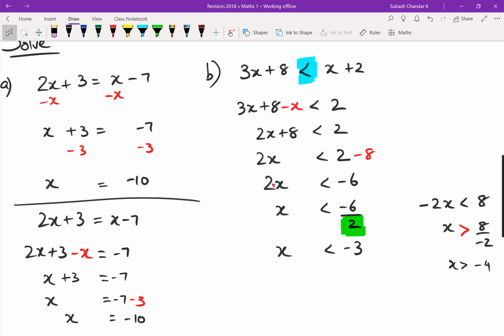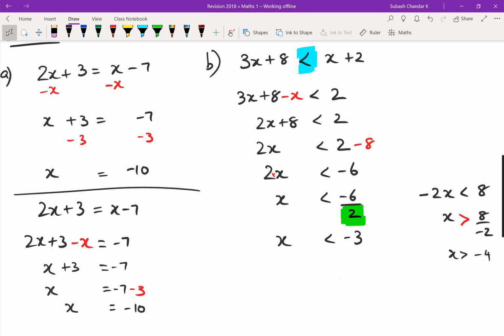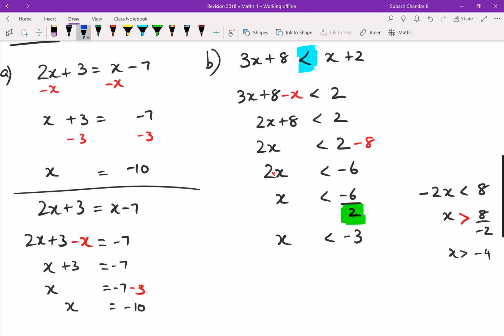Okay, so what I'll do is I'm going to give you guys 2 questions like this for you to try and do. We're going to write it at the bottom here just because I need some space. So I want you to try this one.